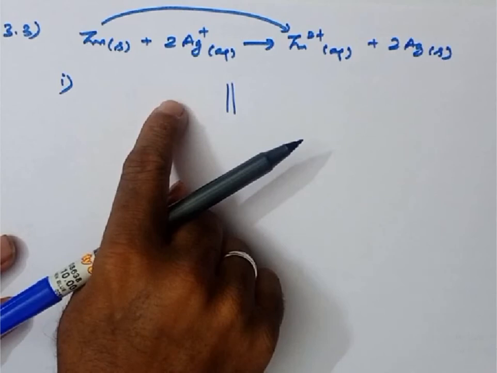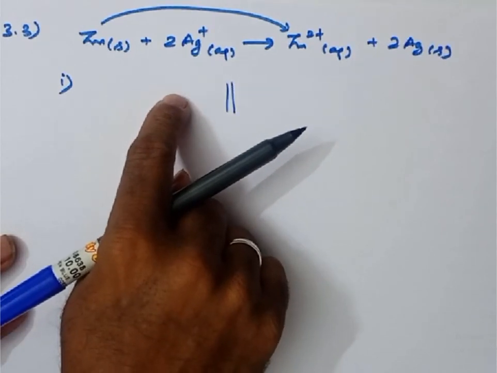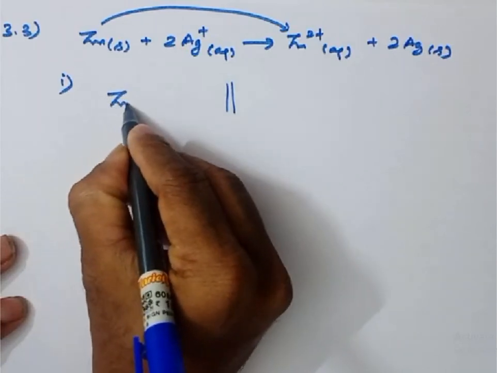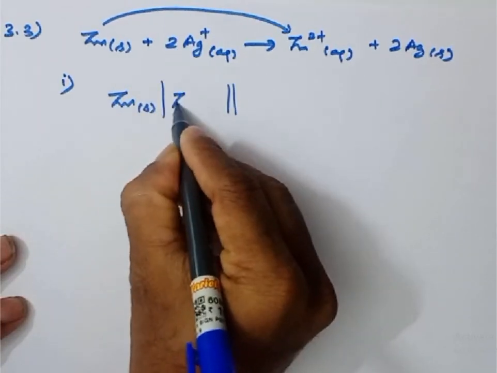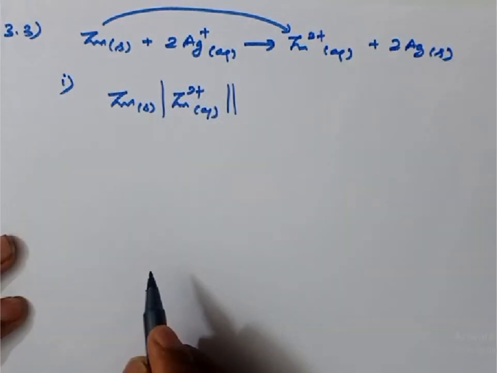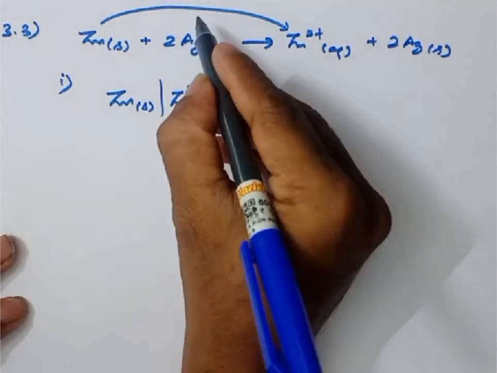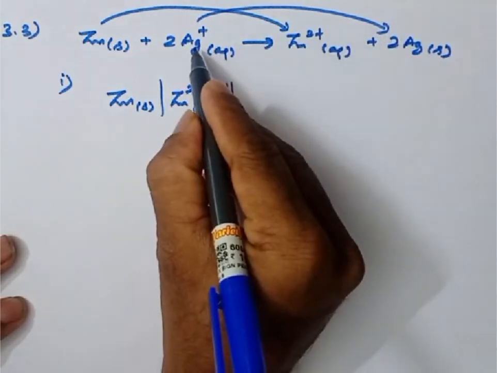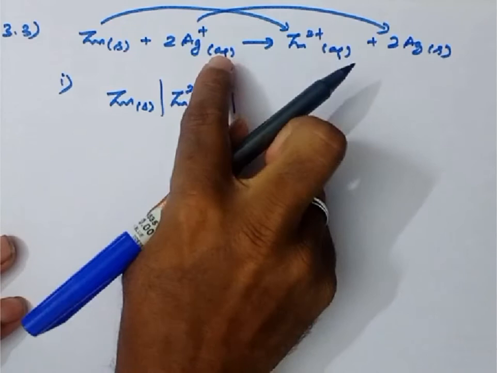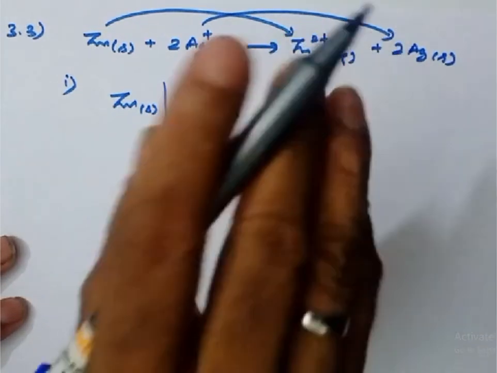Oxidation occurs at the anode. So which is undergoing oxidation? Zinc is undergoing oxidation. Therefore zinc solid becomes Zn2+ ion, so this is the anode. And what about the cathode? Ag+ ion gains electrons and becomes Ag. When a metal ion becomes a metal, it is reduction.